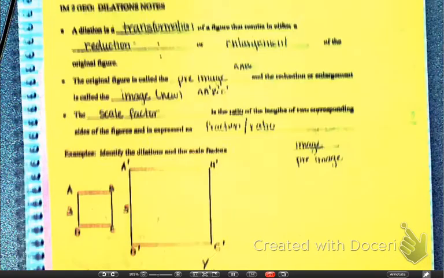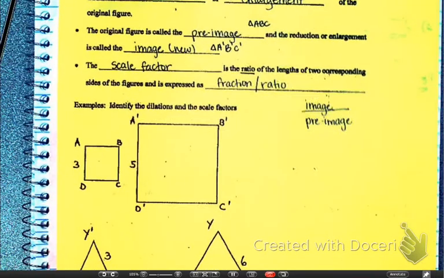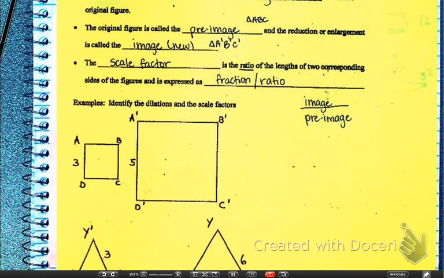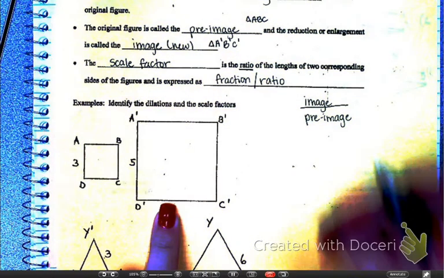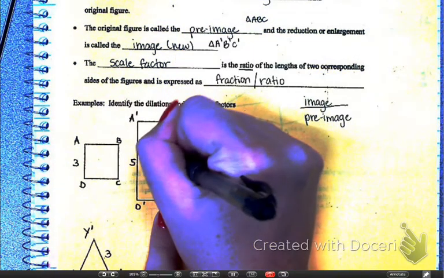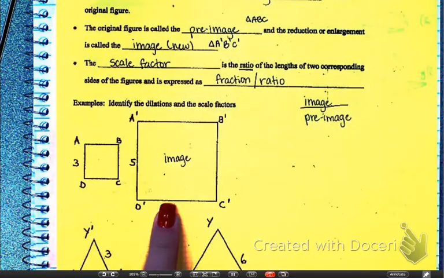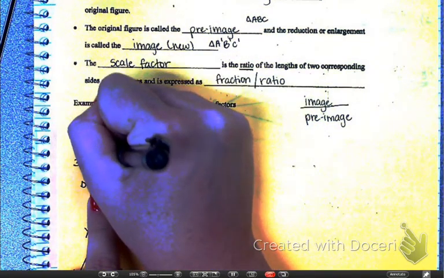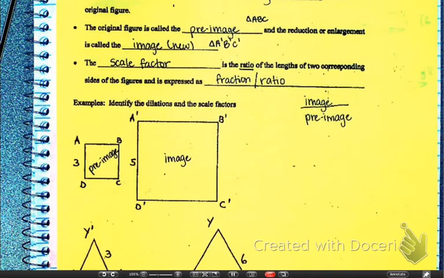Okay? If I look at these two squares, for instance, which one is the image versus the pre-image? Okay, image is the bigger one. How do I know it's the bigger one? It has the prime, which means this one is my pre-image.